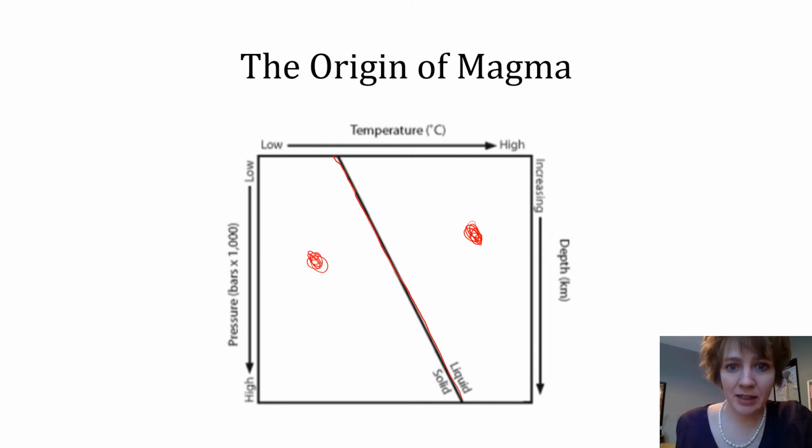Now the line itself, right? This represents the exact pressure temperature conditions that would result in melting, or conversely, if you were already a melt and you cooled down to this point, then that would result in solidification. Keeping all of this in mind, we should now be ready to start the assignment.